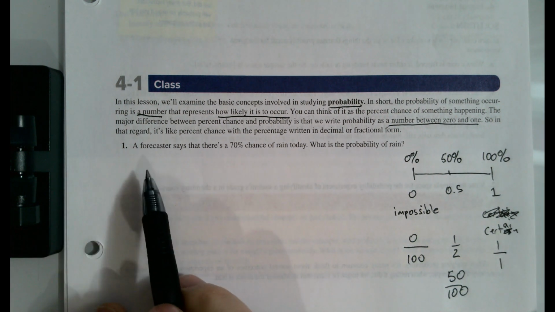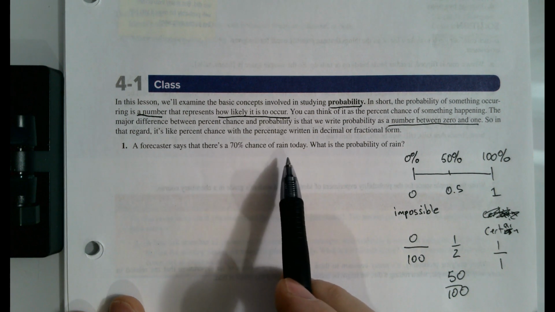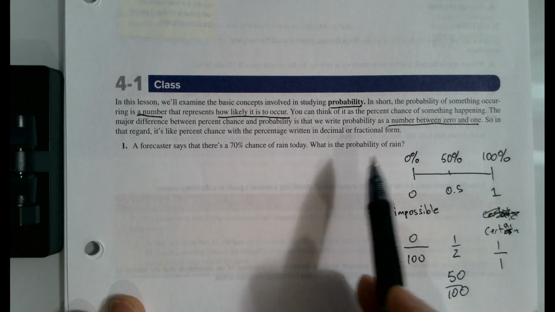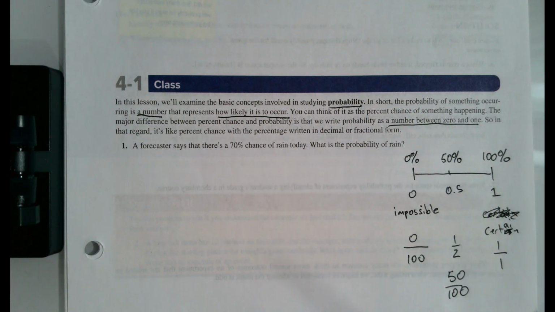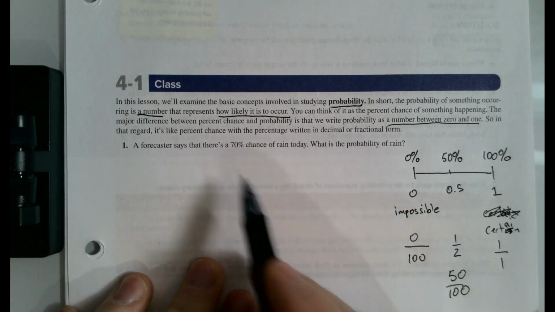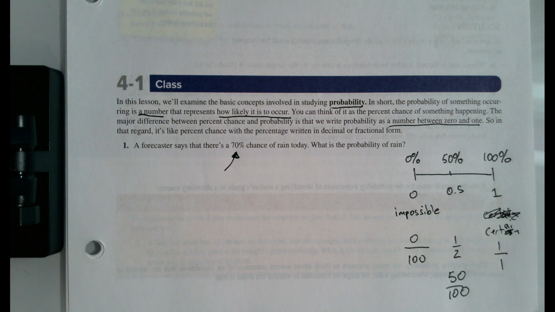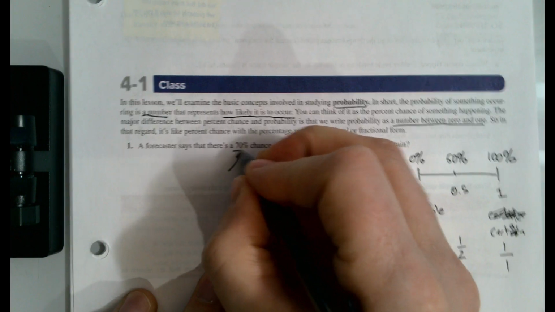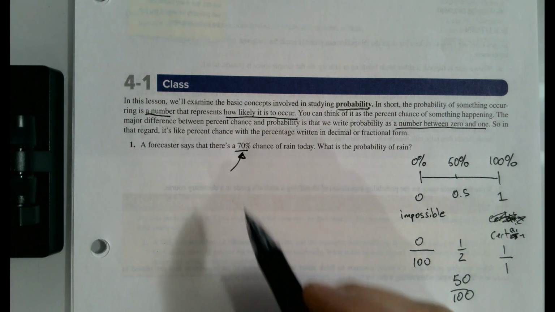So our author asks, what do we mean when a forecaster says that there's a 70% chance of rain today? We're saying there's a 70% chance that it's going to rain. I think that's kind of a funny question. It's saying it's more likely to rain than not rain. So this is the number associated with probability. And weather forecasters have come to this number.